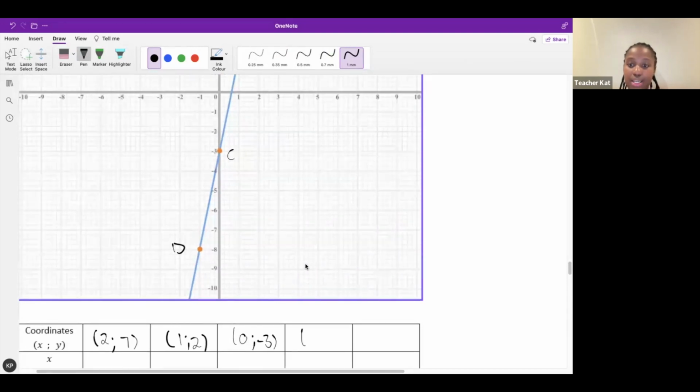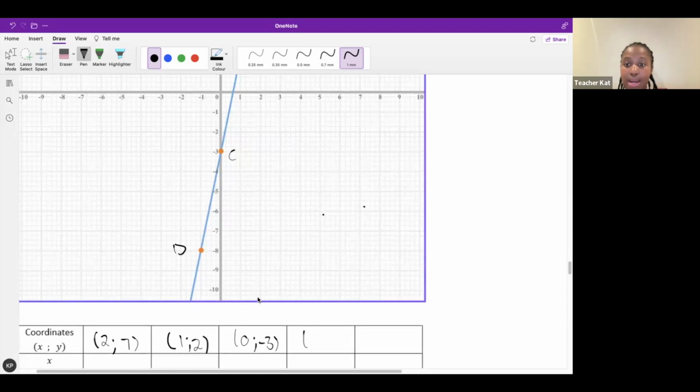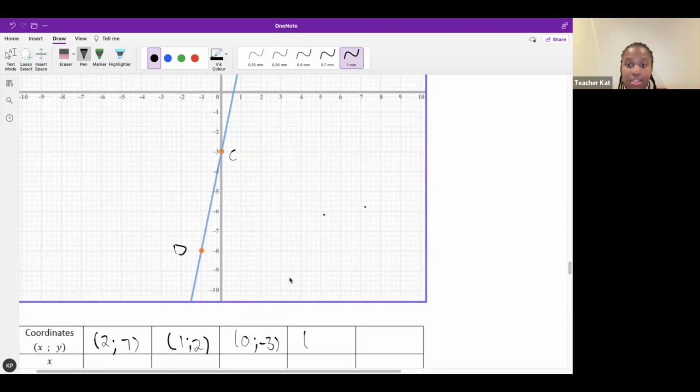Coordinates for D. Look carefully. What is the X coordinate and which one is the Y coordinate? Remember, X always comes first. Be careful. It is -1 and -8.